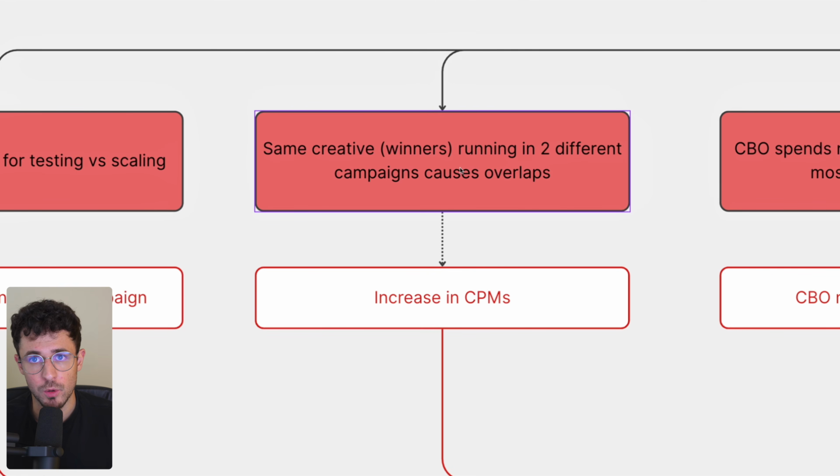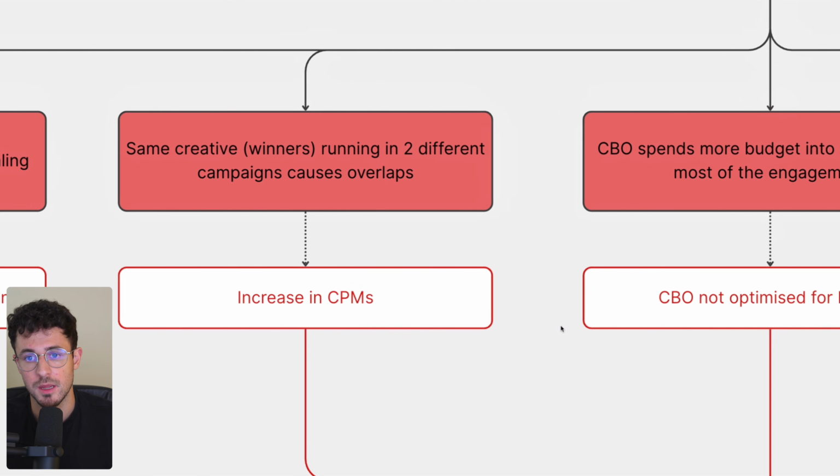Because as you probably know, audience targeting nowadays is created within the ad creatives that we use. So if there are two ads that look the same, they will most probably hit the same audience. Maybe not at the beginning, but when they start optimizing and find the right audience, they will start to overlap. This increases the CPMs and also decreases the performance.